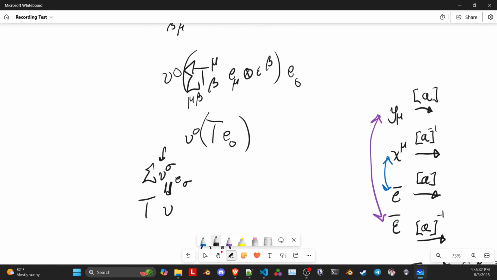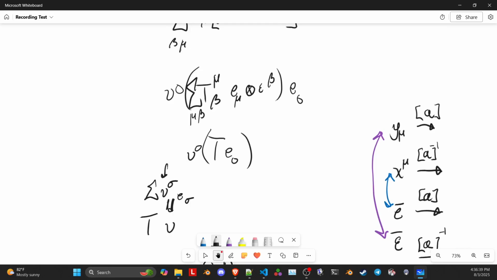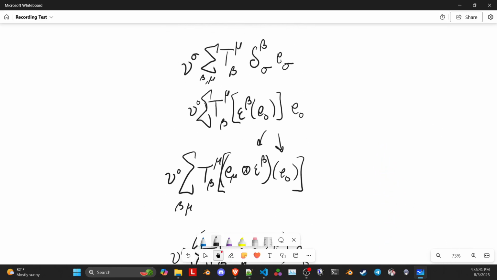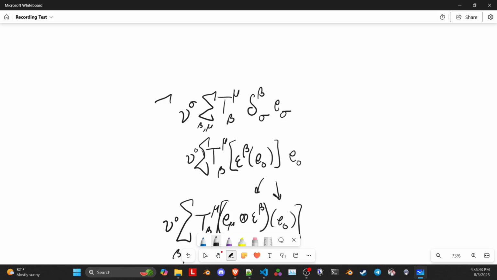If we go back to the beginning, we had this sum over sigma, which defined V. So now we do it for all components. We'll bring back that sum. We can move the sigma sum all the way inside. And all that does is replace the index sigma with the index beta, because delta is the identity matrix.